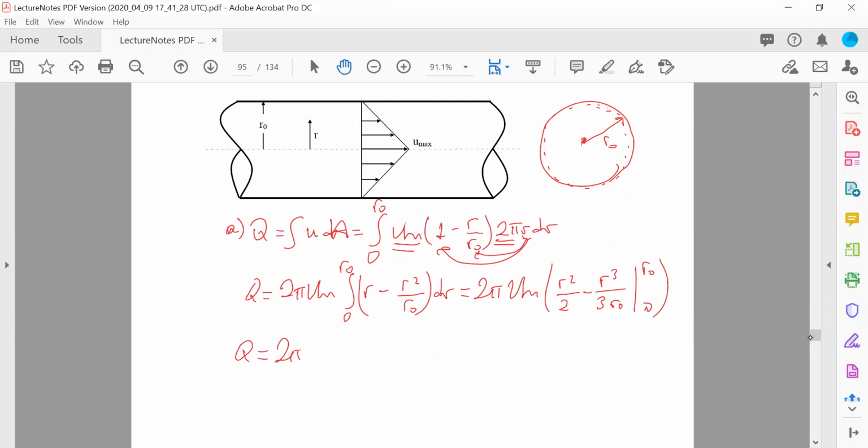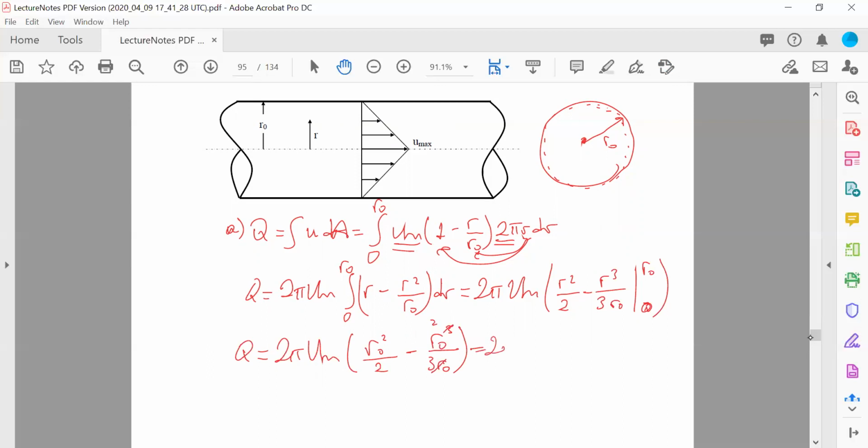Then the lower boundary of the integral is 0. All results 0, no need to write. Just write the upper boundary: r0 squared over 2 minus r0 cubed over 3 r0. Surely one r0 is cancelled.